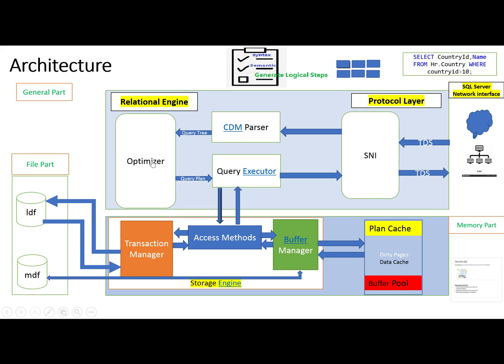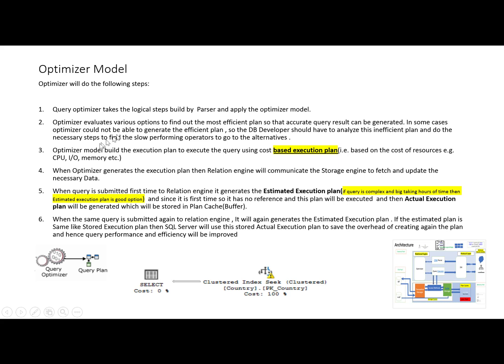The optimizer takes these logical steps built by the parser and applies the optimization model. This model evaluates various options to find the most efficient plan, so that the accurate query result is generated and given back to the client.